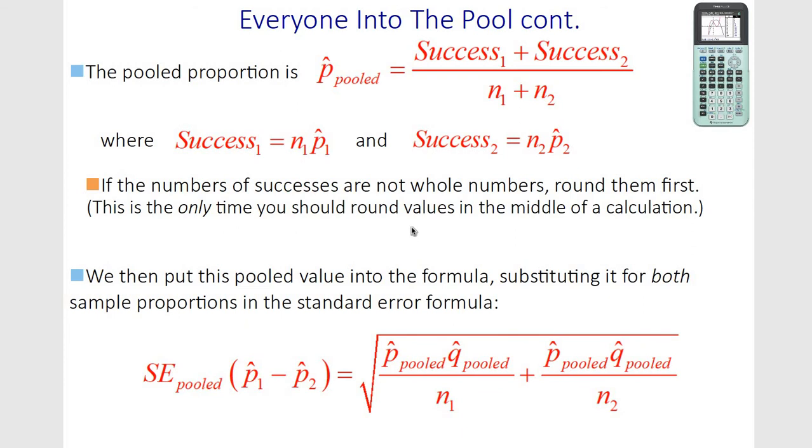I know that's weird. I always tell you, save all those crazy decimals. But this is the only time I want you to round, to whole numbers, because we're supposed to have counts. These are counts. We then put the pooled value into the formula, substituting it for both sample proportions in the standard error formula. Throw them all in there. Hopefully this is making sense.